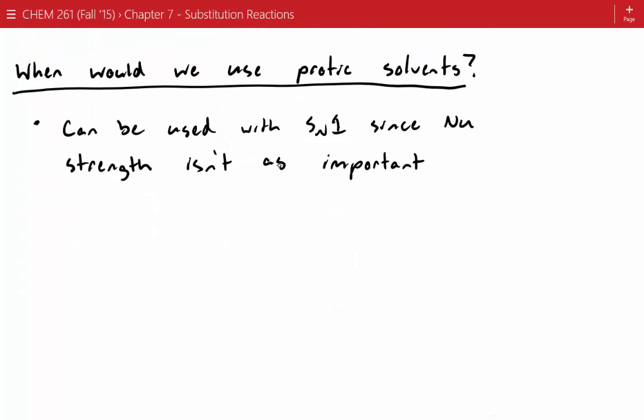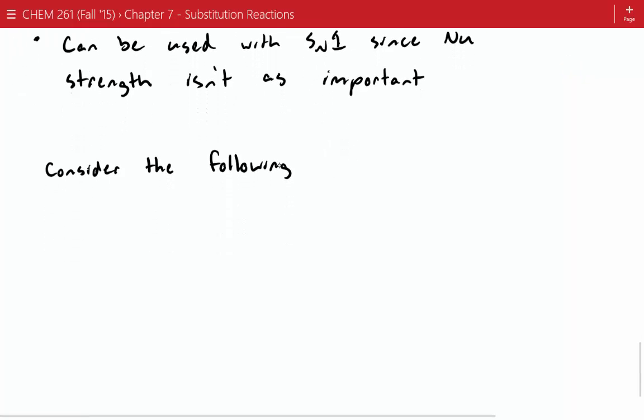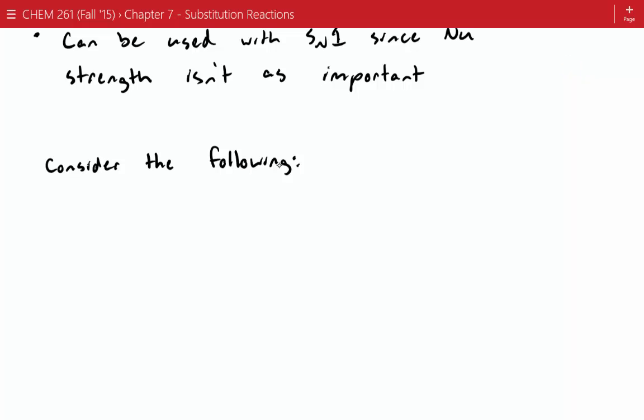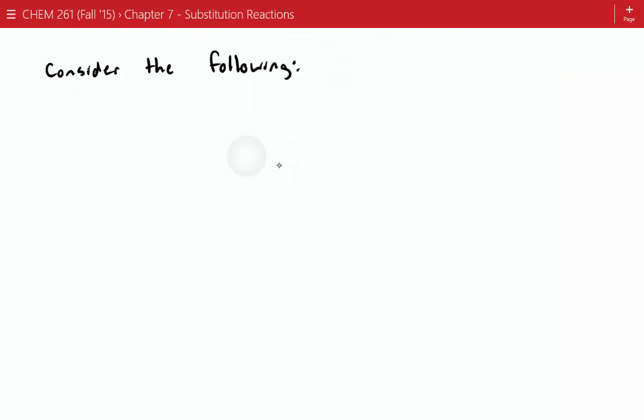All right, so let's do another comparison. Let's consider the following. I'm going to do two separate ions in a polar protic solvent. The first one I'm going to look at is SH minus.